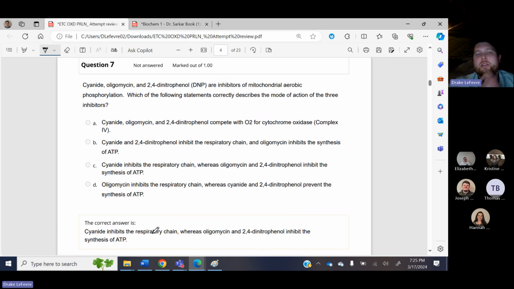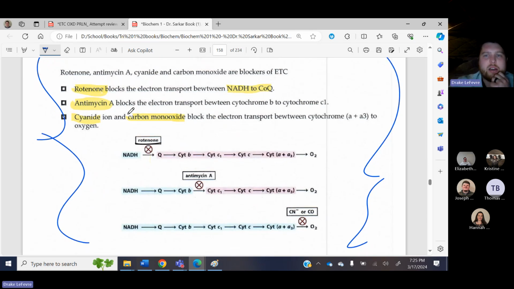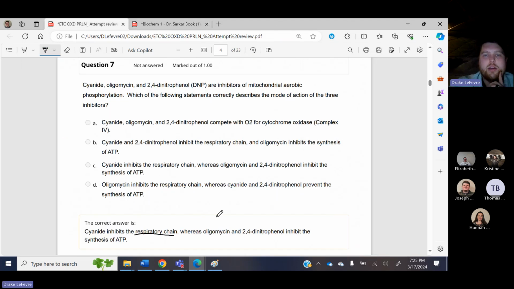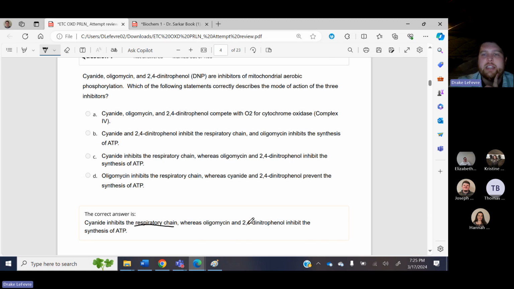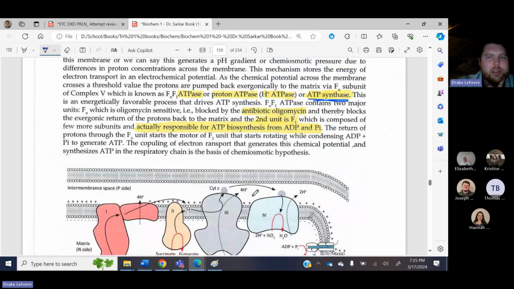So cyanide is going to inhibit the respiratory chain. I'm going to pull up the book again. Cyanide and carbon monoxide right here inhibit the respiratory chain. So it's that transporting of the electron to that last step, into the oxygen, to produce the H2O. And then oligomycin and the DNP are both going to inhibit the synthesis of ATP in general.